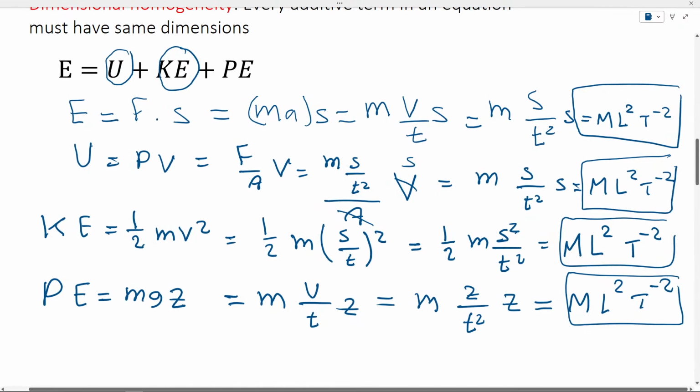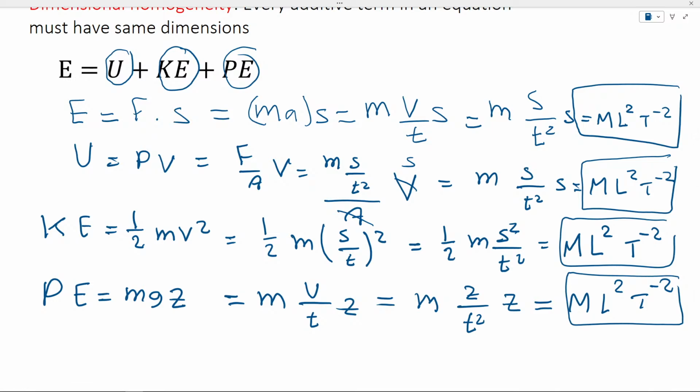That is called dimensional homogeneity, and that's why I can say that the total energy is equal to the sum of these energies. Even though they have different equations, all of them have the same dimension because they are all different energy units. Okay.